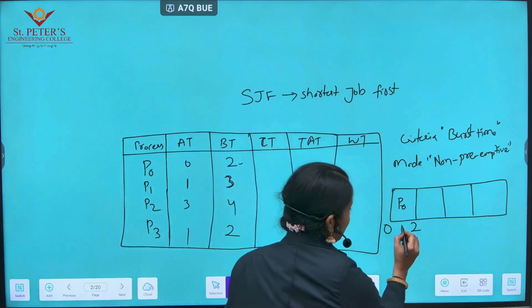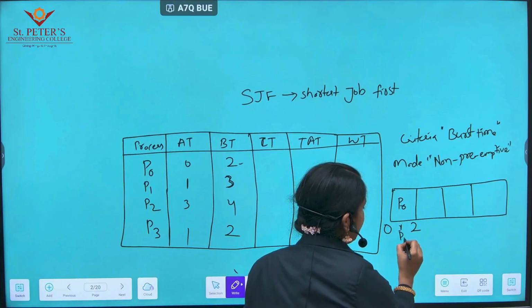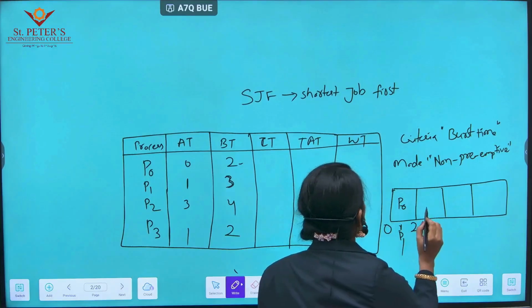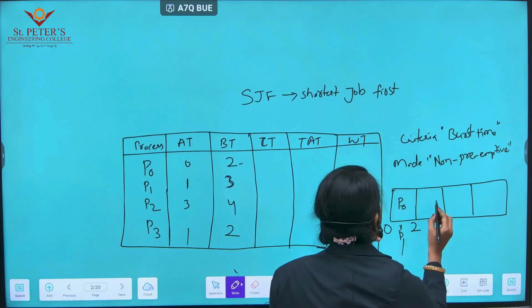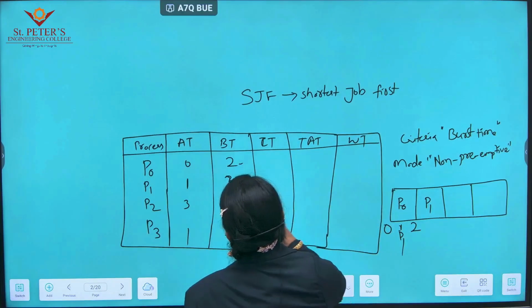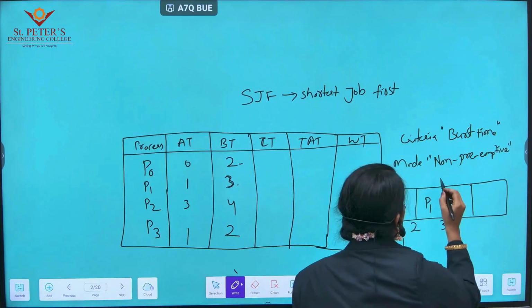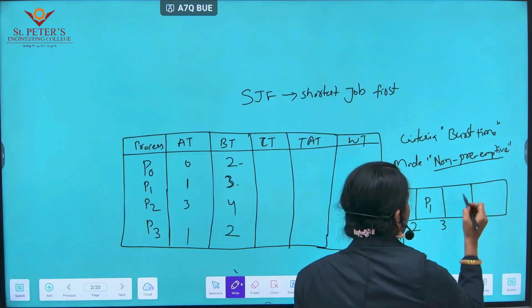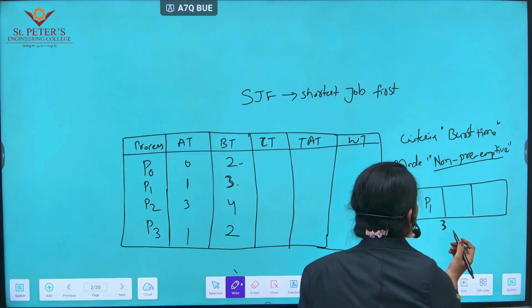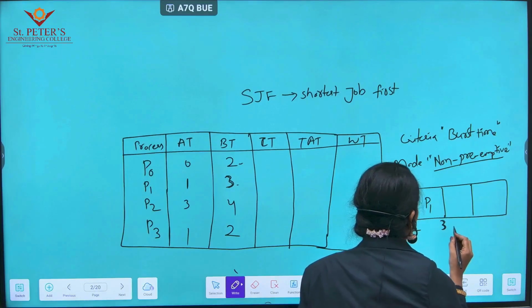At 1 millisecond P0 is executing, P1 already came, so P1 is waiting for the CPU. Next P1 will execute within 3 milliseconds. So here it is a non-preemptive scheduling algorithm. Why? Because it does not release the CPU till it finishes executing.